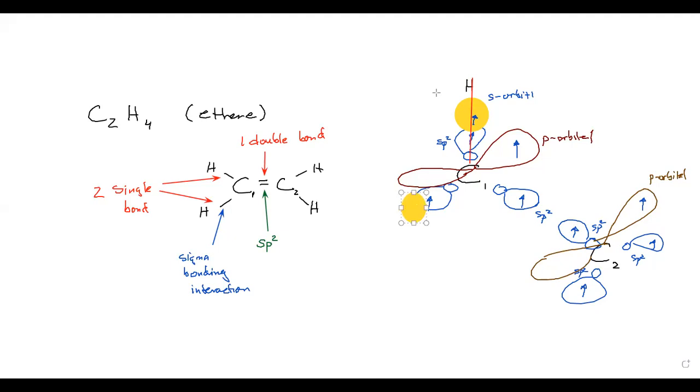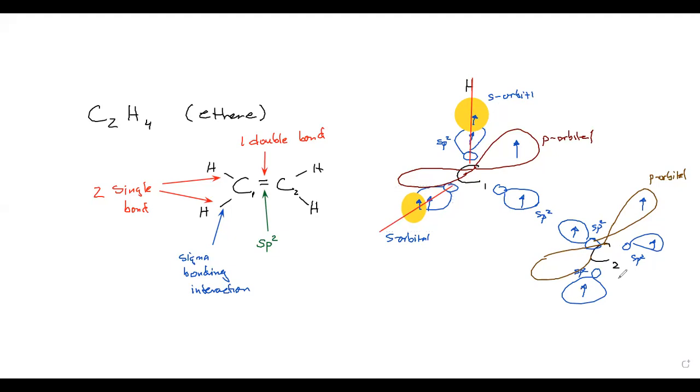That's the s orbital for the hydrogen atom, an unhybridized s orbital here. Okay, and so there's the second overlap here, and we can again draw a straight line through this one. Therefore this is also going to be a sigma bond. So this is a sigma bonding interaction, and this is a sigma bonding interaction.